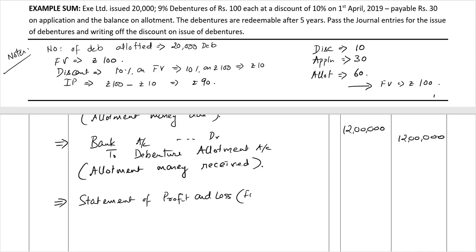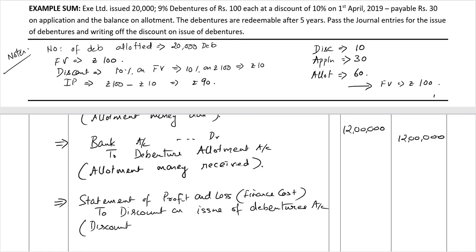Statement of profit and loss, finance cost, debit to discount on issue of debentures account for discount on issue of debentures written off.